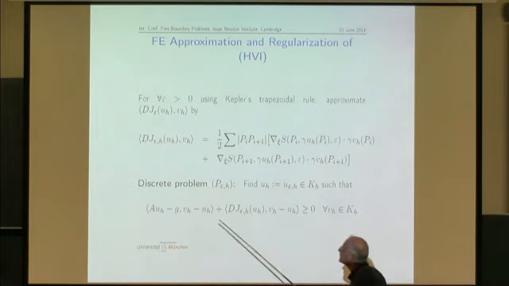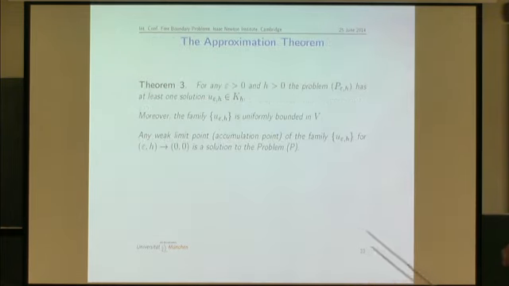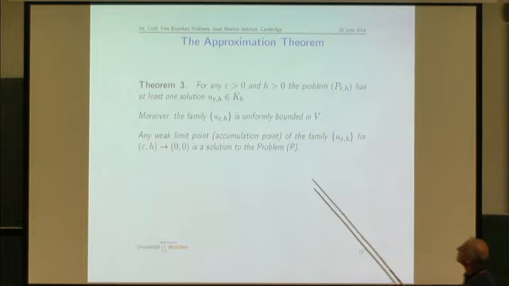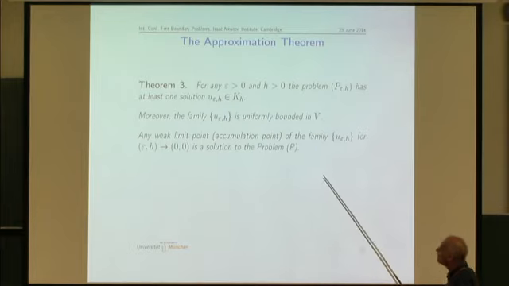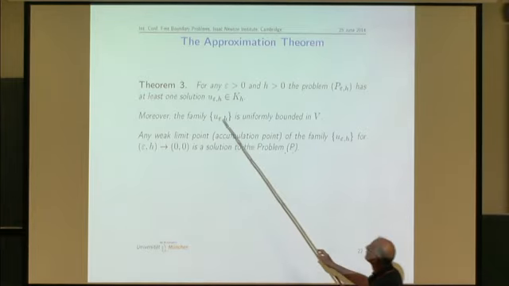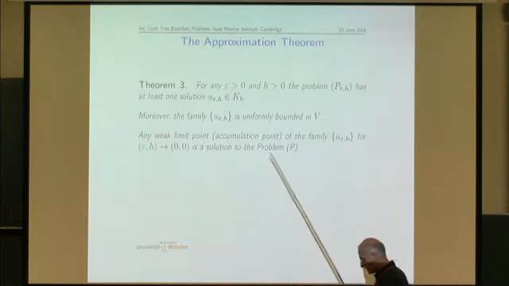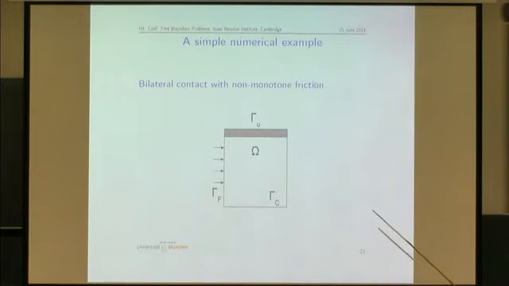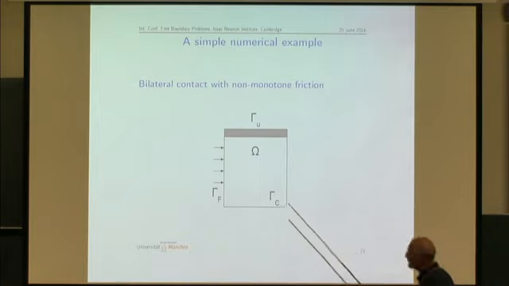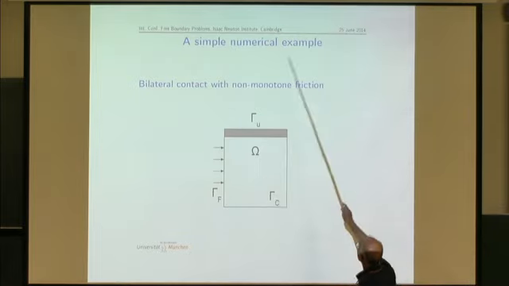To give a basis for these results, we have proven a convergence result, independent of epsilon and h going to 0, and to show you that this approach works, I want to discuss a very simple numerical example.